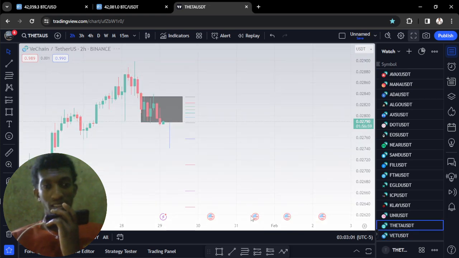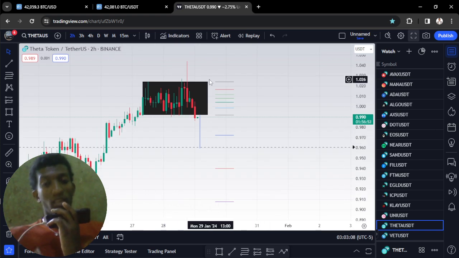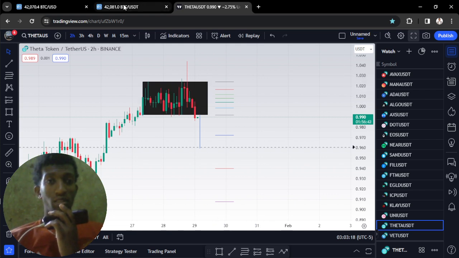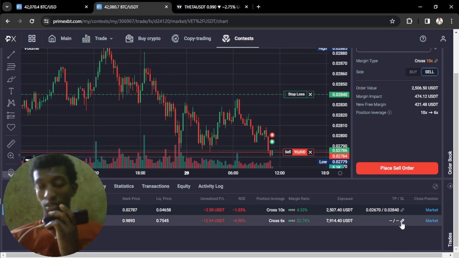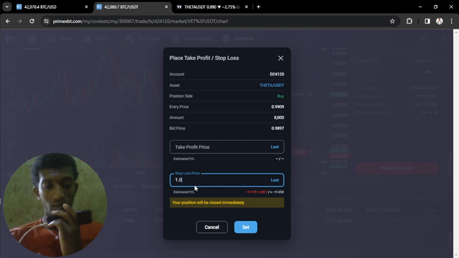Let's see Theta and let's place our stops. Our stop will be exactly at the 8 of this. That is 1.06. 1.06 stop loss. What?